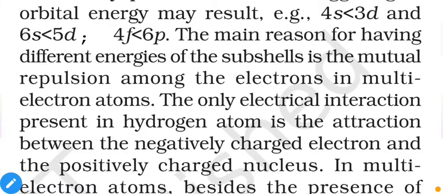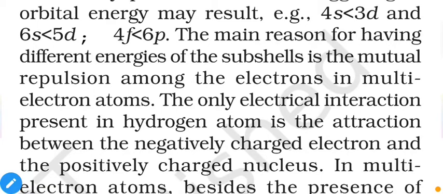In the same orbital, if you have a large number of electrons, then obviously they are going to repel each other, and that's why energy increases. In an s orbital the maximum number of electrons is 2. In p orbital we have 6 electrons, in d we have 10, and in f we have 14. As the number of electrons increases, repulsion also increases, and it increases the energy.